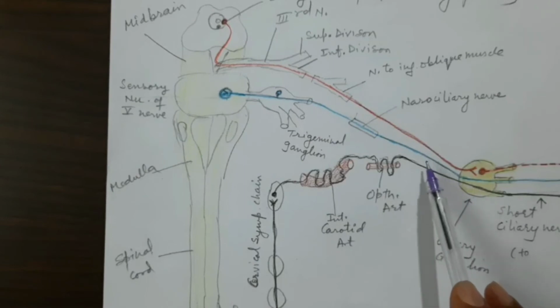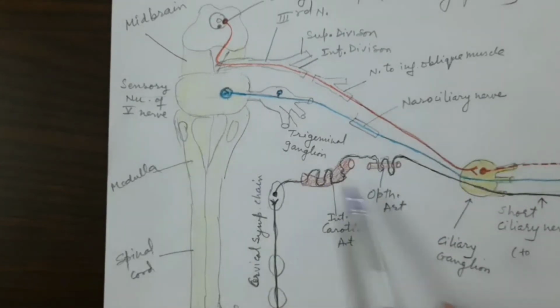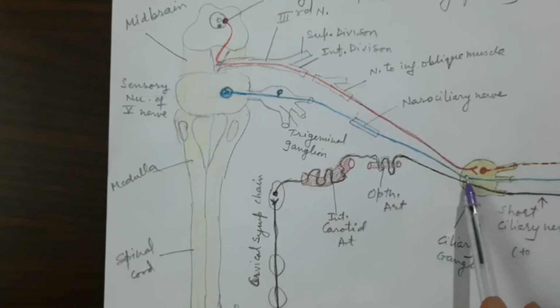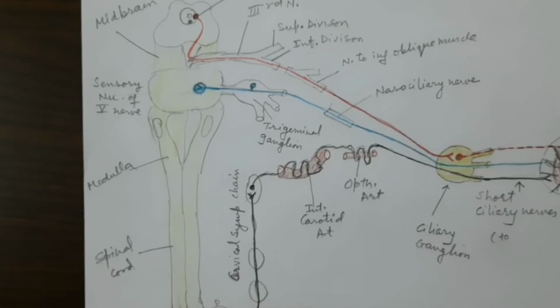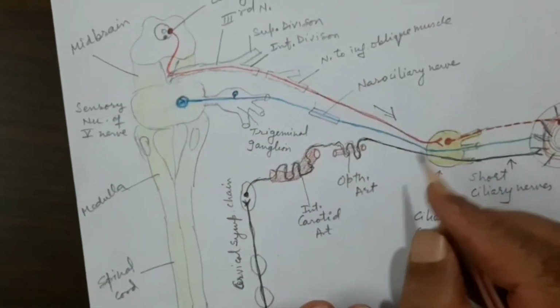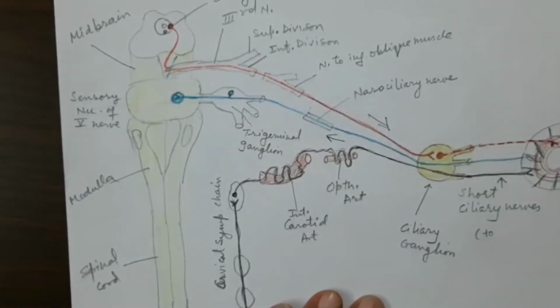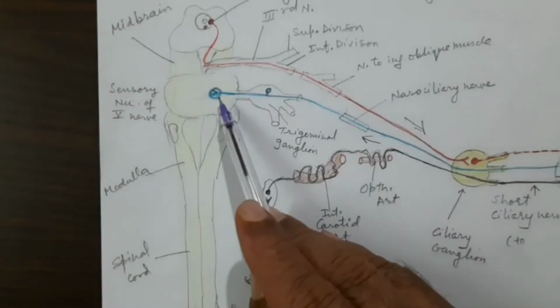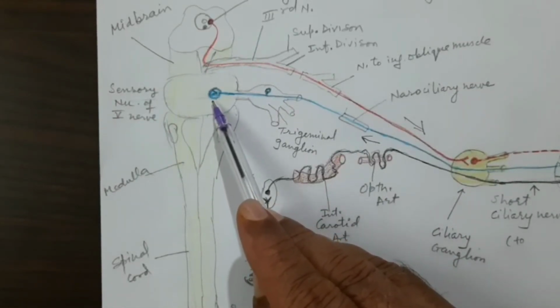These fibers go without relaying and pass towards the central nervous system. So the direction is just opposite. Here the direction of the fibers or impulses was towards the pupil, the eyeball. Here it is reverse: they are going towards the pons, where the sensory nucleus of the trigeminal nerve is located.